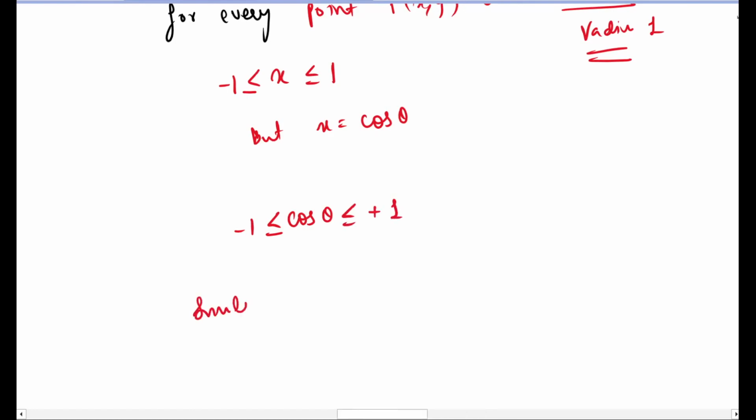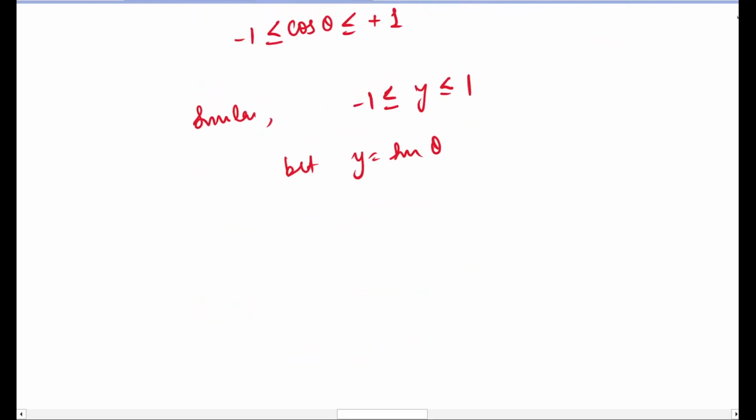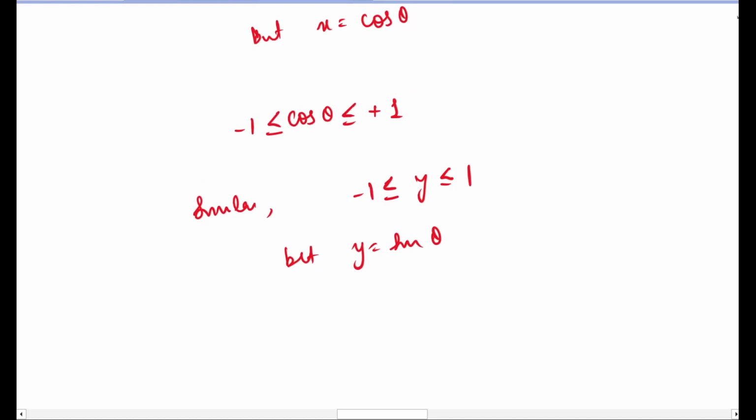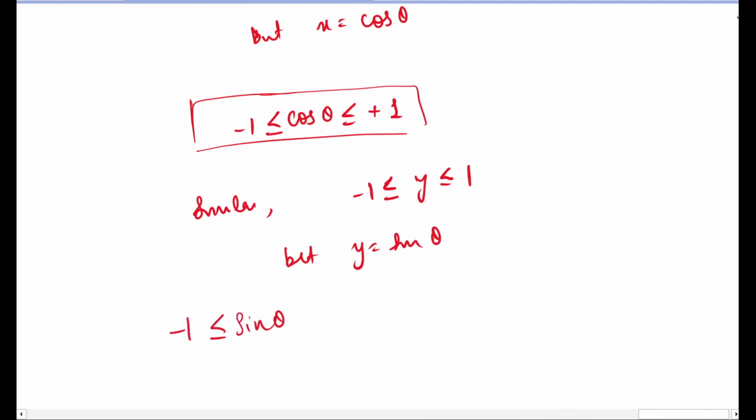Similarly, the range of y is minus 1 to plus 1, but y is equal to sine theta. We can say the range of sine theta is minus 1 to plus 1.